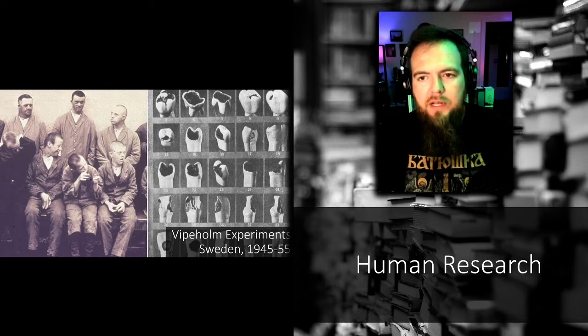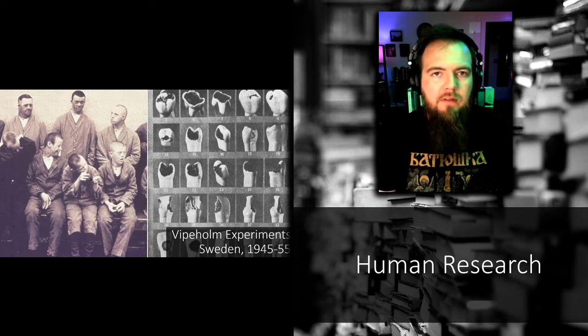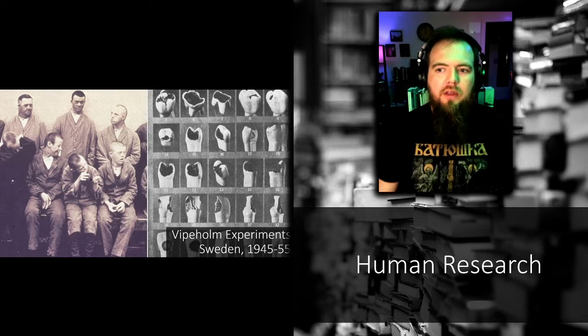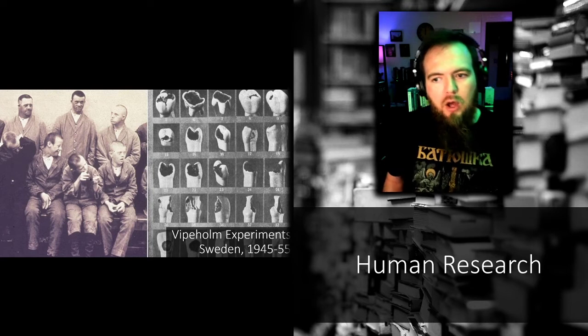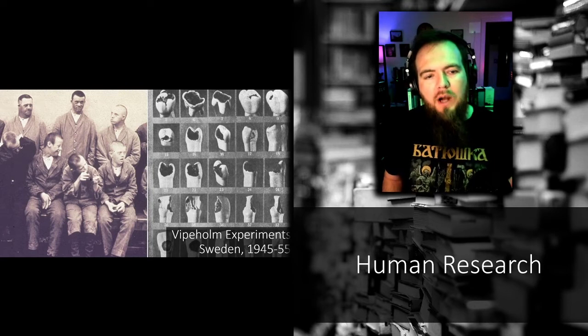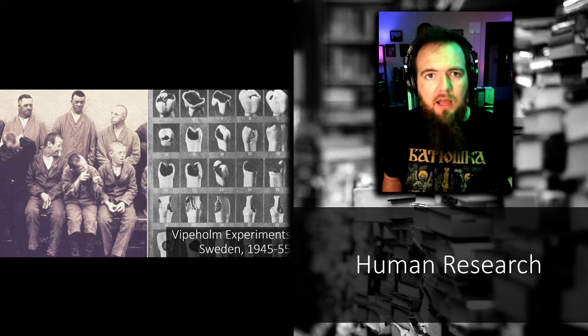But in the 1940s, they were doing these things called the Vipeholm experiments. Just outside of Lund, Sweden, there was this institution called the Vipeholm Mental Institution. And basically what they did was they wanted to research tooth decay.